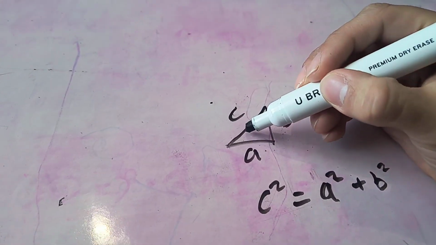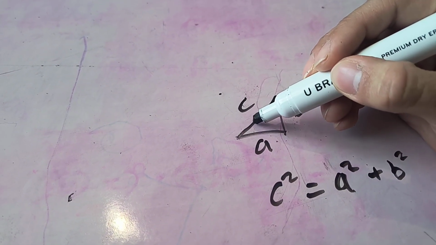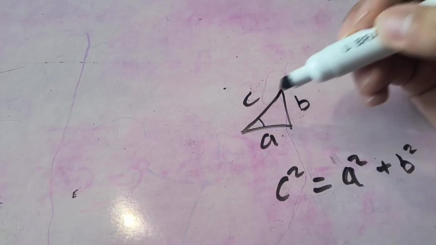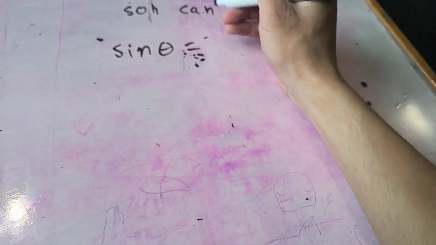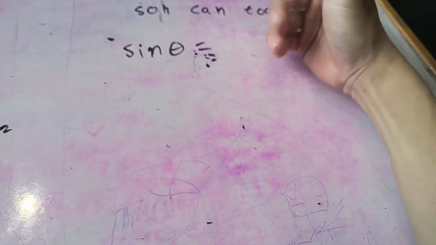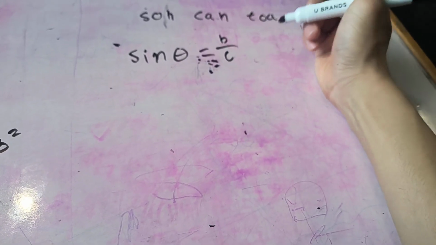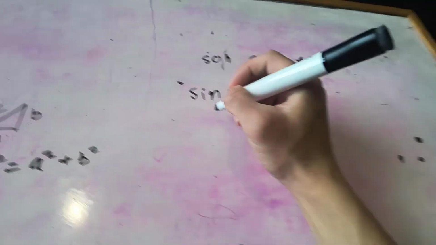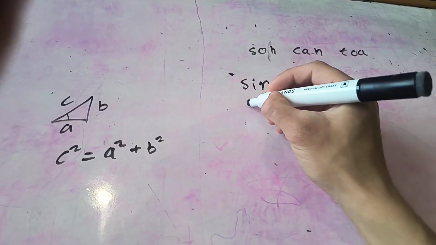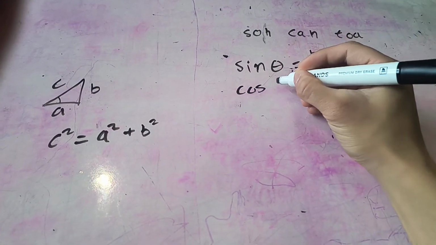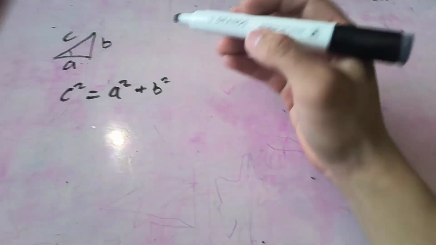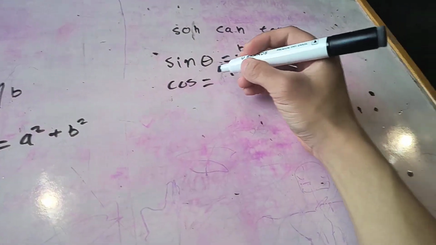Let's say this is angle theta. Opposite over hypotenuse, which is B over C. And we know that cosine of theta is adjacent over hypotenuse, A over C.